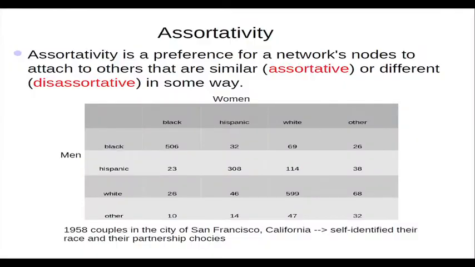Blacks want to have more partners from the black class itself, Hispanics mostly from the Hispanic class, whites tend to choose partners mostly from the white class, and the others from the other class. This is a very typical example in the majority of social networks, mostly those built on the idea of friendship. This phenomenon is very prevalent.